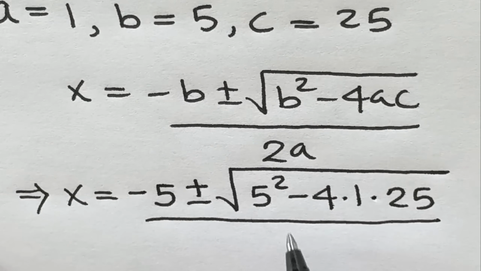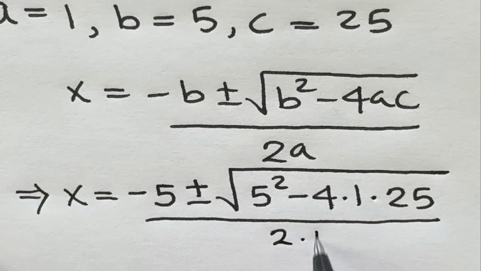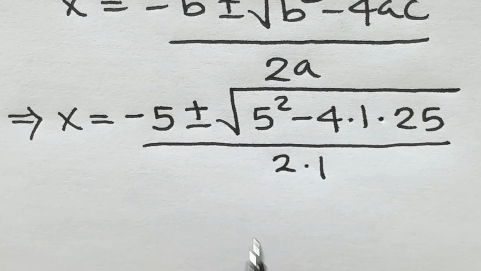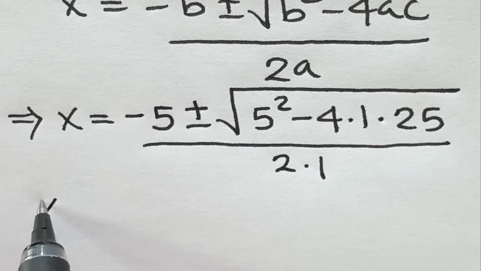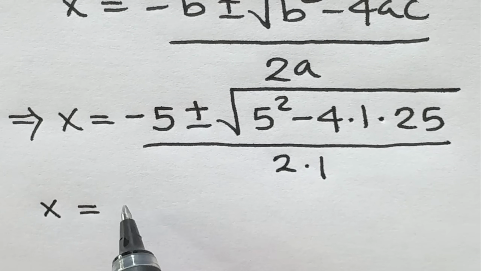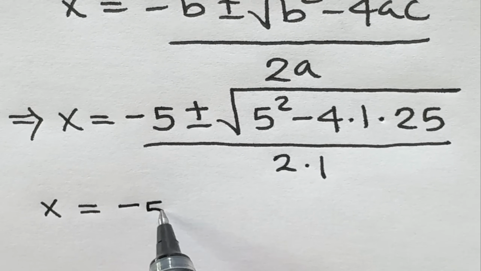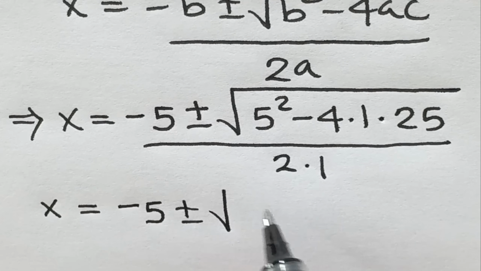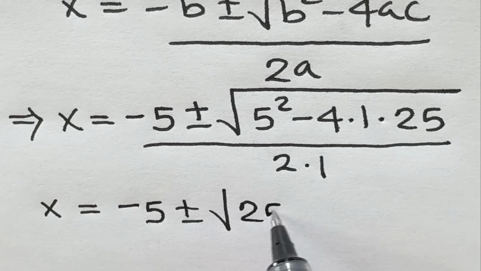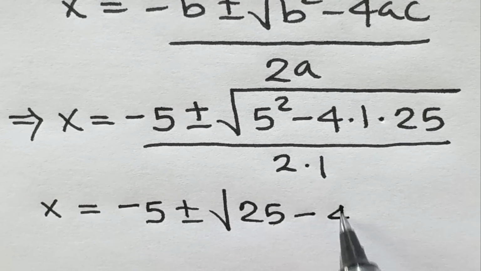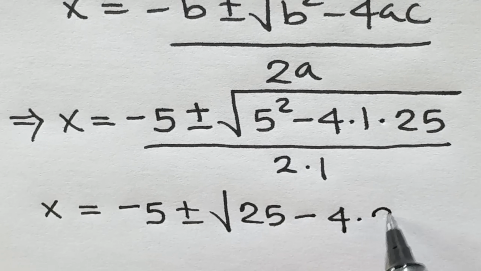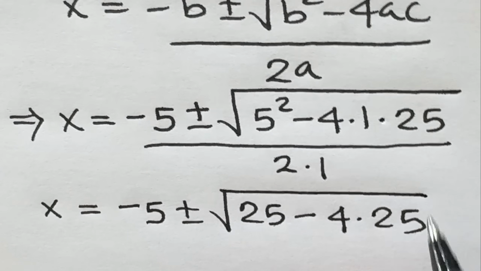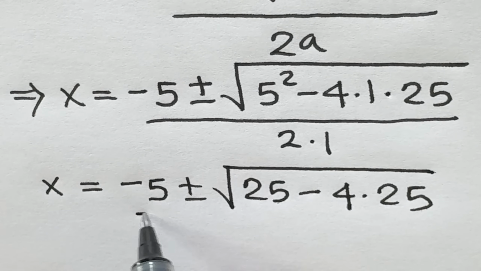A is 1, so that's 2 times 1. So we get x is equal to negative 5 plus or minus the square root of 5 squared here is 25 minus 4. 4 times 1 is 4, then 25 divided by 2 times 1 is 2.